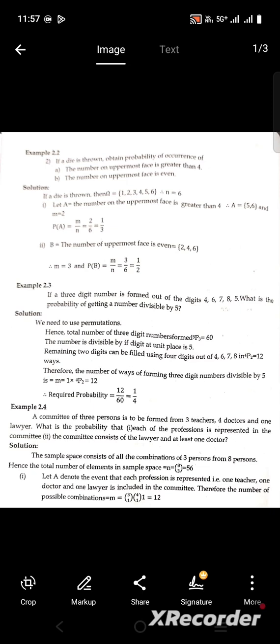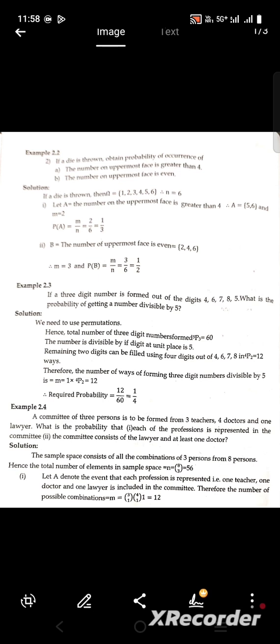First we need to use permutations. Hence the total number of 3 digit numbers is 5P3, that is 60. The number is divisible by 5 if the digit at the unit place is 5, and the remaining 2 digits can be filled using 4 digits out of 4, 6, 7, 8 in 4P2 = 12 ways.